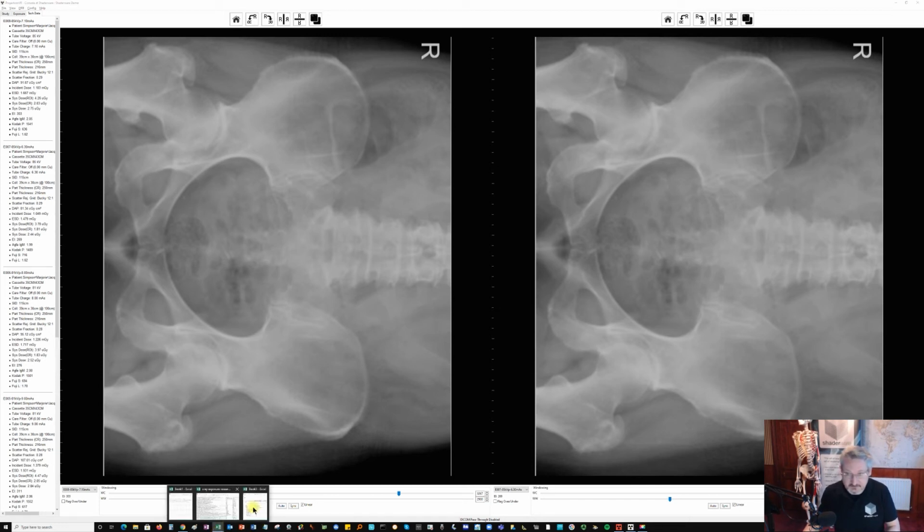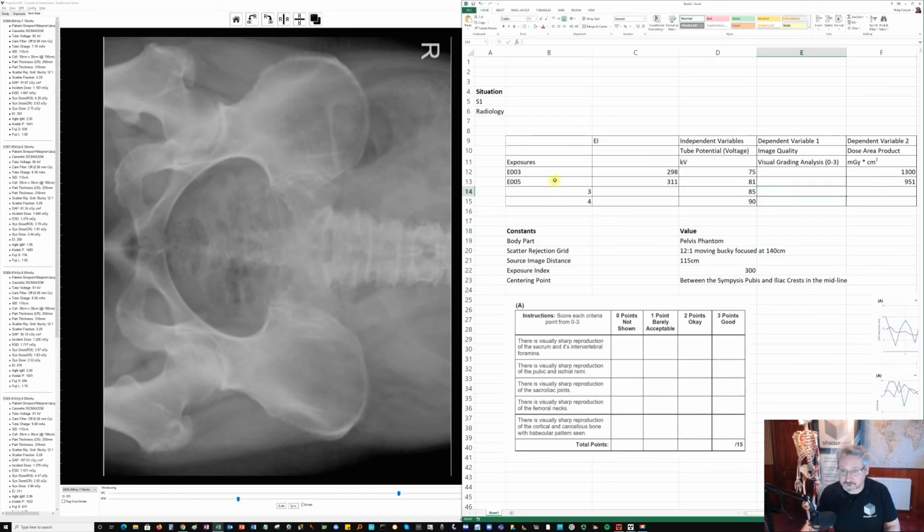Let's go back to our table again. E008, exposure index of 303, 85 kV, and our DAP was 916. It's going to round up, isn't it? 9167, so 917.